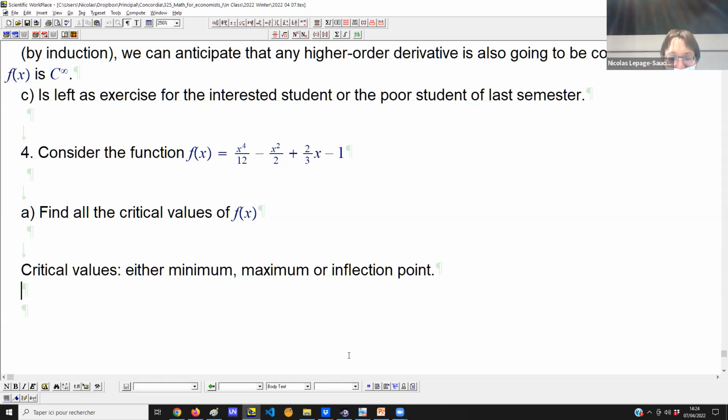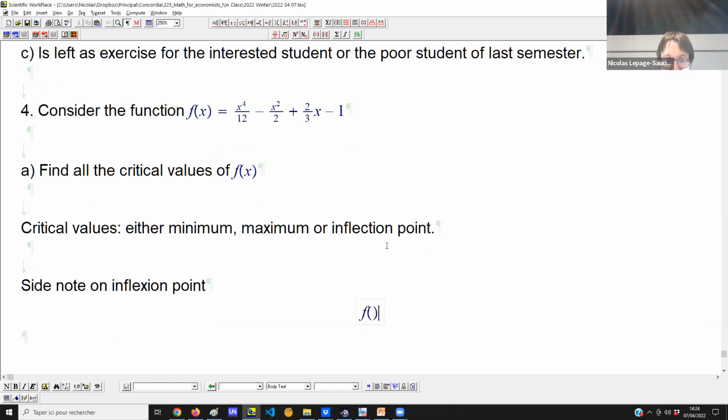Okay, I'm going to show you actually. So consider f of x, and inflection. Let's have a simple example: f of x equals x cubed.